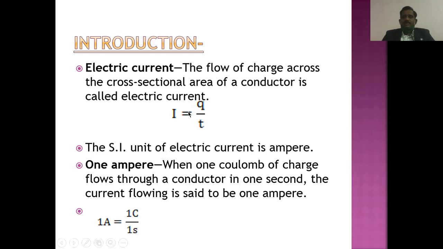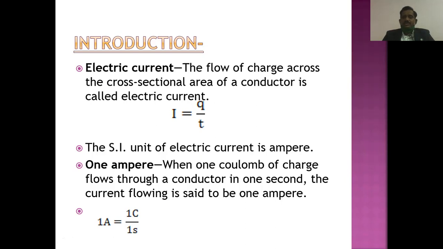Equation is written as I is equal to Q upon T. Here I is the current which is flowing through the conductor, and Q means the charges flowing through that conductor in a time T. So the Q upon T is called the electric current. This electric current is measured in ampere.